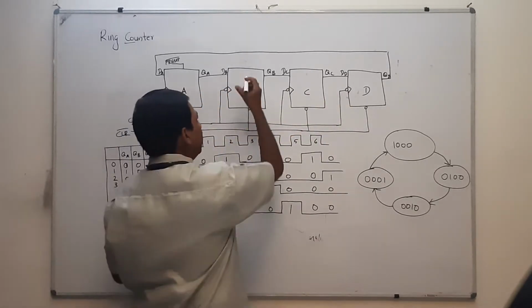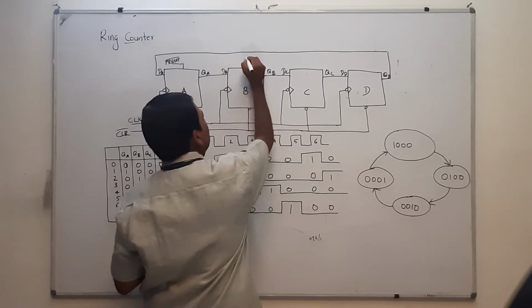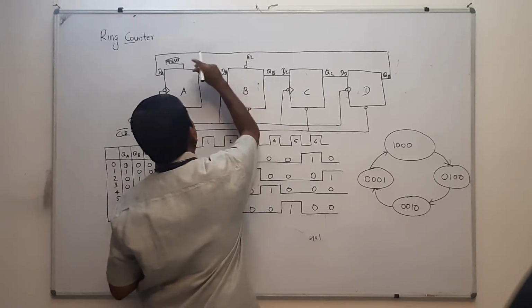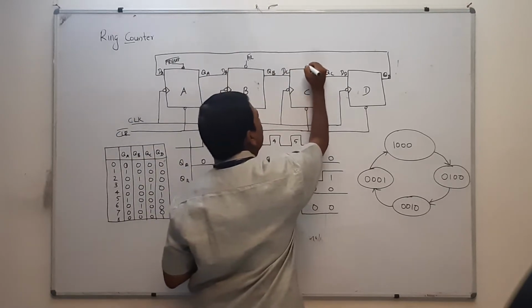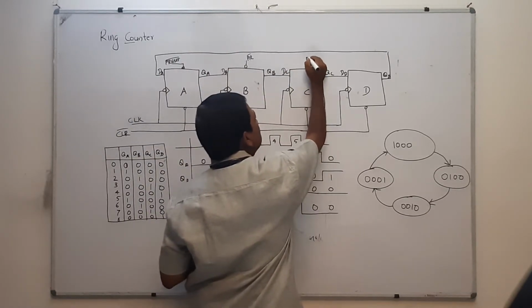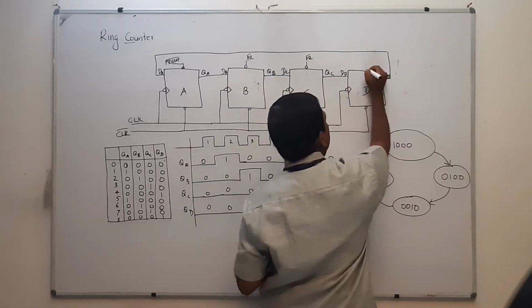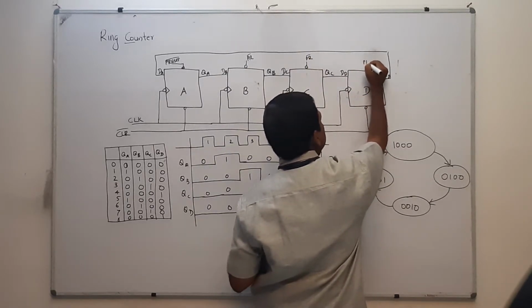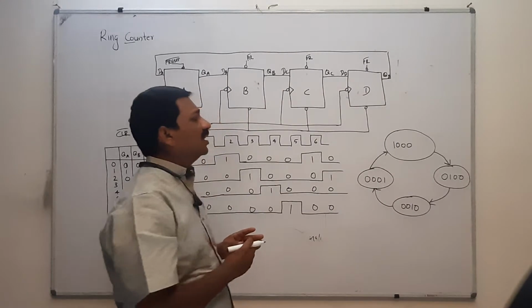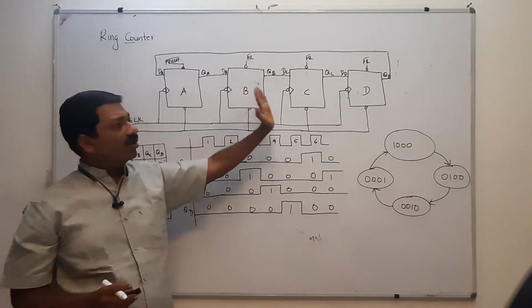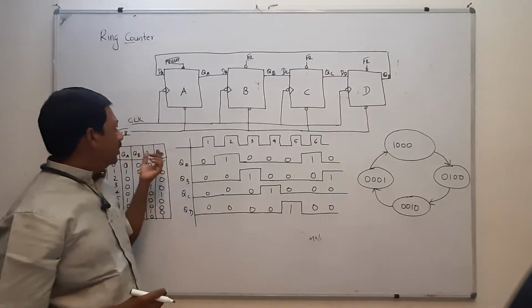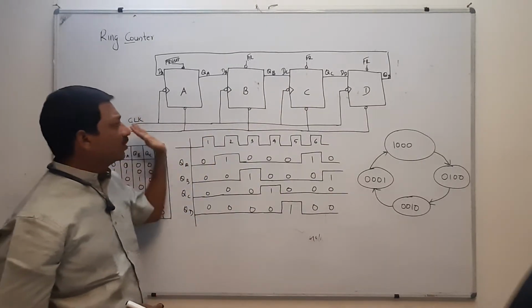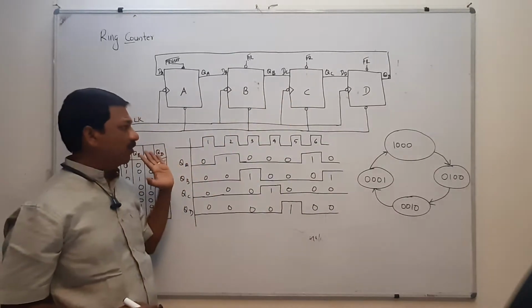Here also we can have a preset signal, which is active low, and here also we can have another preset signal. Initially, for setting the content, we can set any value, and first you clear all the flip-flops.